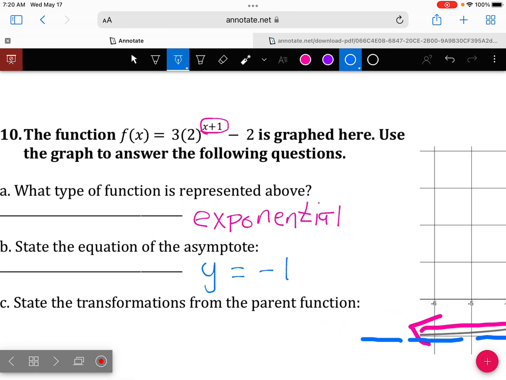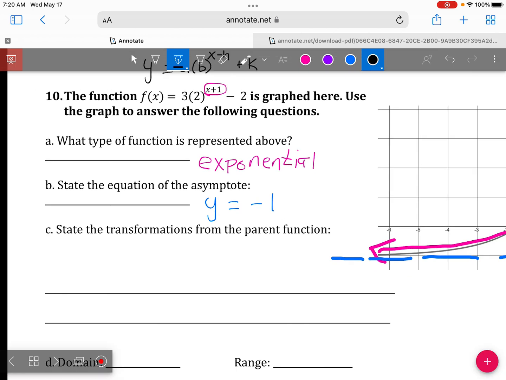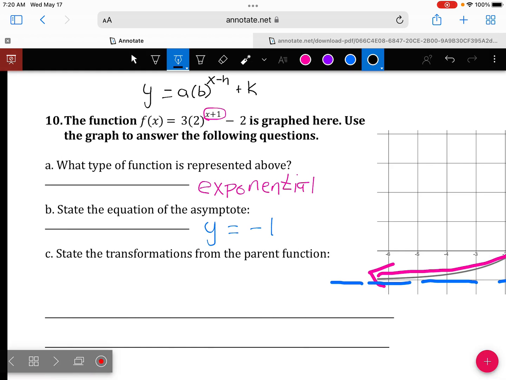When it comes to stating the transformations, it might help to have our transformation form written out. So y equals a b^(x minus h) plus k. So what are the transformations that we have on this one?